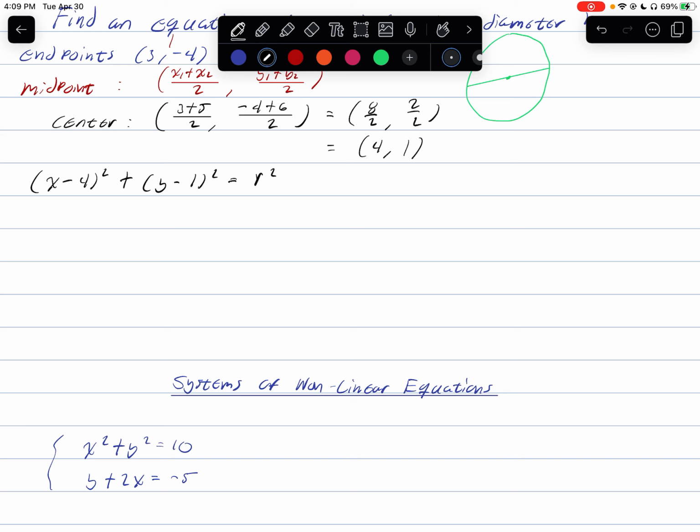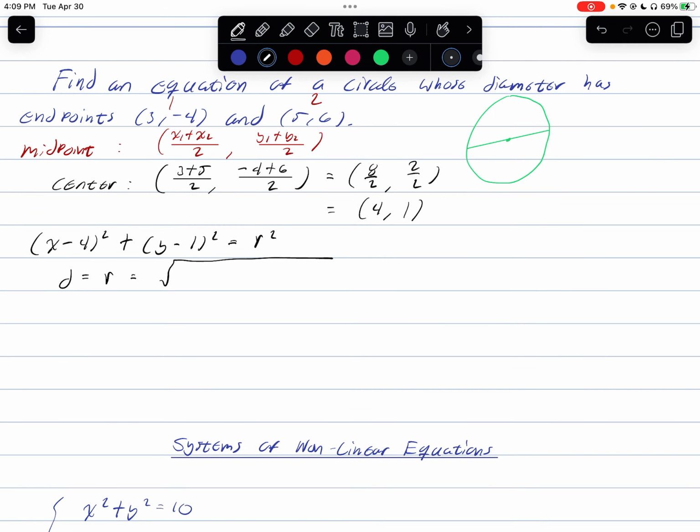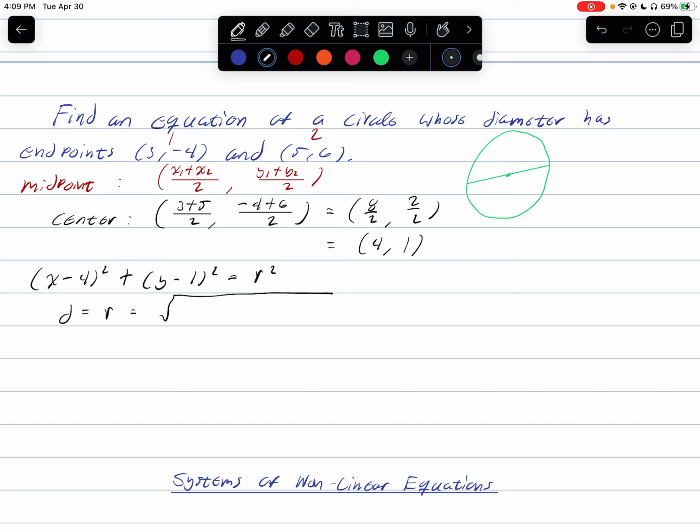So the distance is equal to our radius. So we'll have the square root of (x2 - x1)² + (y2 - y1)². We'll say that the center is point 1, and we'll use (5, 6) as point 2.